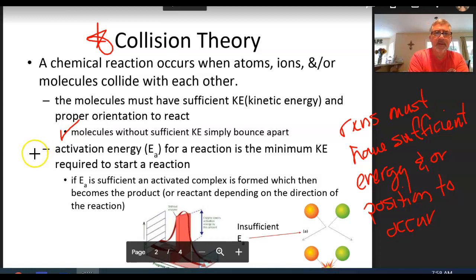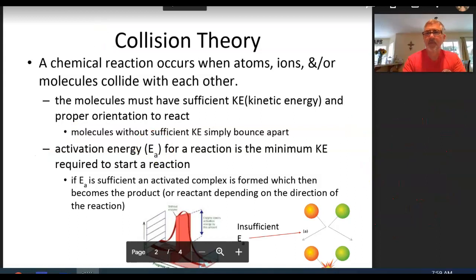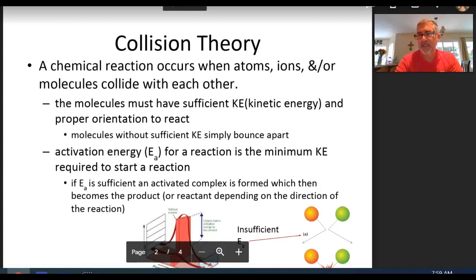Activation energy, we talked about that in thermochemistry a little bit. So activation energy is the minimum kinetic energy to start a reaction. So remember, the reactions have to have either sufficient energy or position. So if you remember in biology, there is an enzyme.